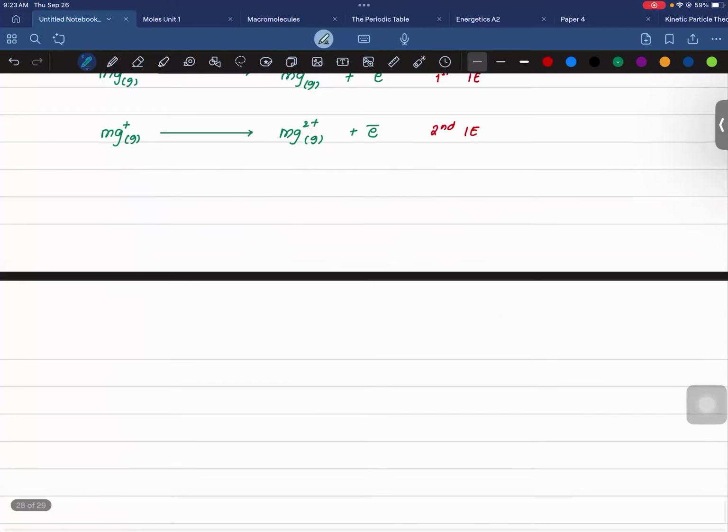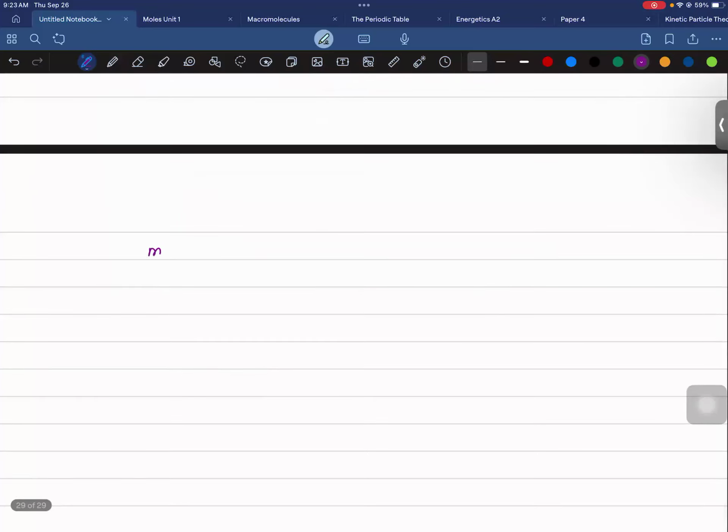Generally, we can say that the second ionization energy is greater than the first ionization energy. Let's suppose the first ionization energy of magnesium is 748 kilojoules per mole.